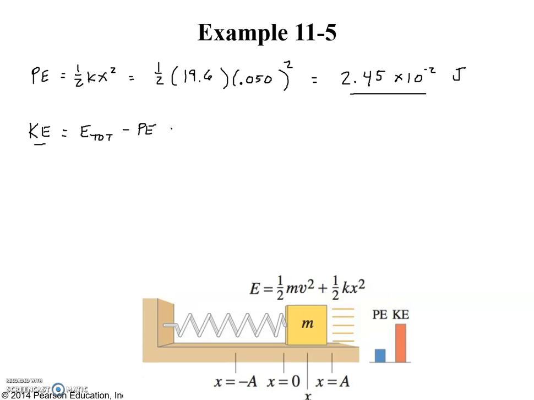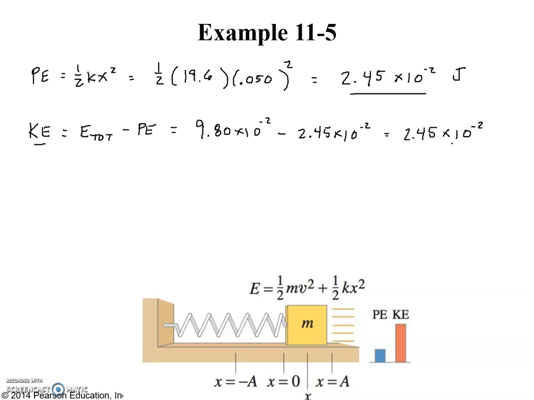So if I start with that as my total, 9.80 times 10 to the negative second, and I subtract from it the potential energy, 2.45 times 10 to the negative second, what I'm left with is 2.45 times 10 to the negative second.